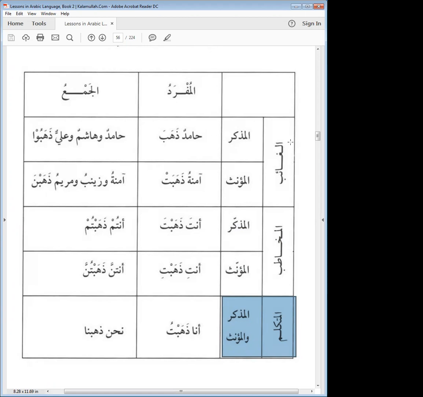You can say after me: al-ghaib, al-mudhakkar, Hamidun dhahaba, which means Hamid went. Then the plural: Hamidun wa Hashimun wa Aliyun dhahabu.